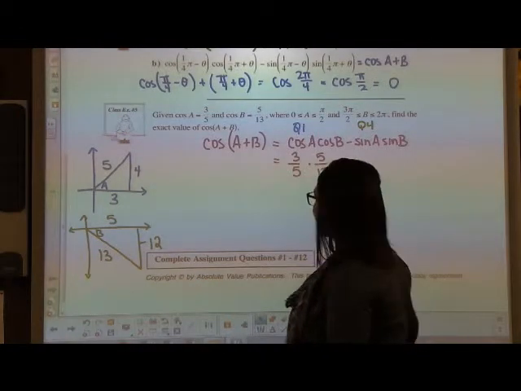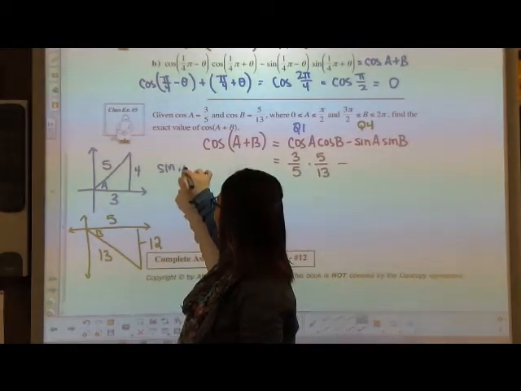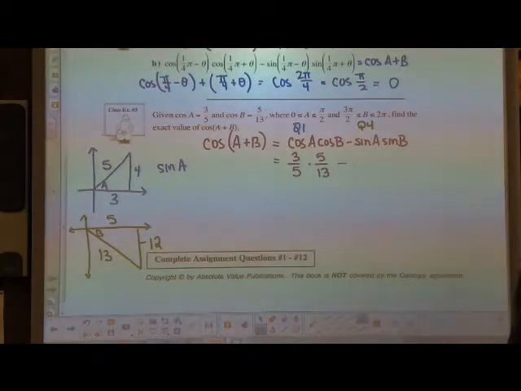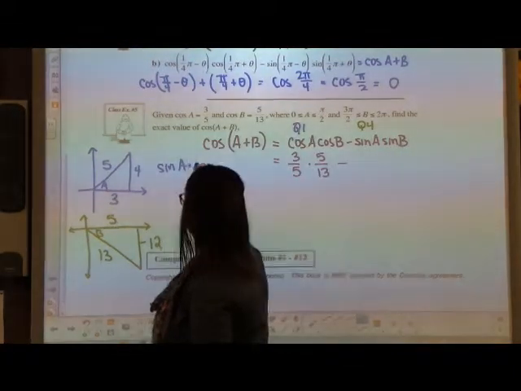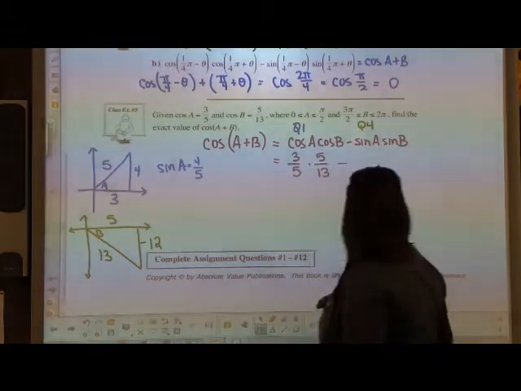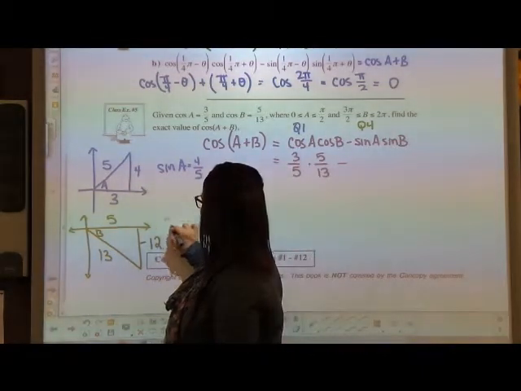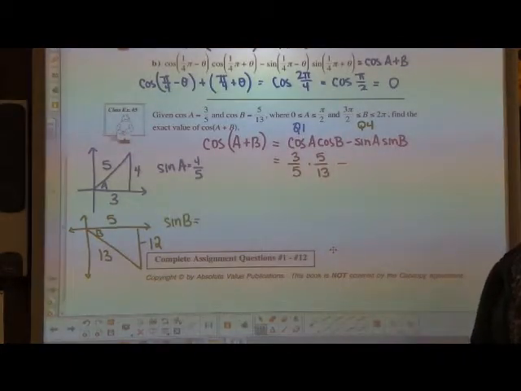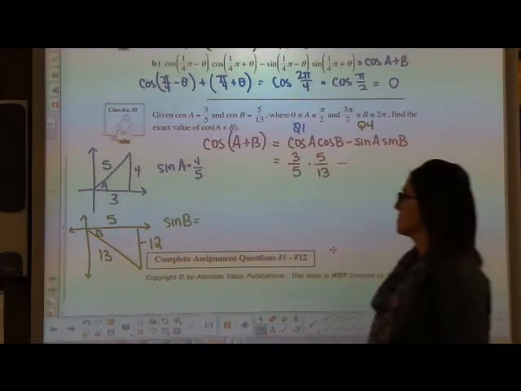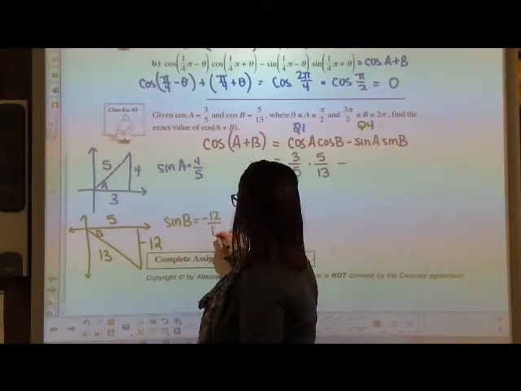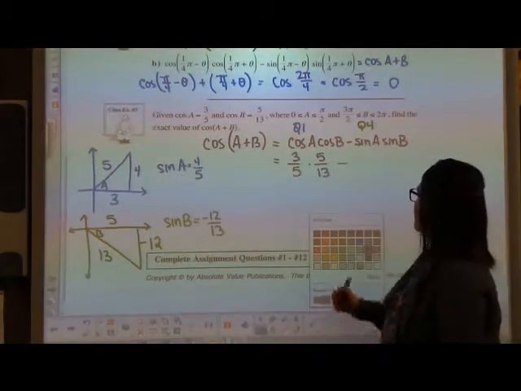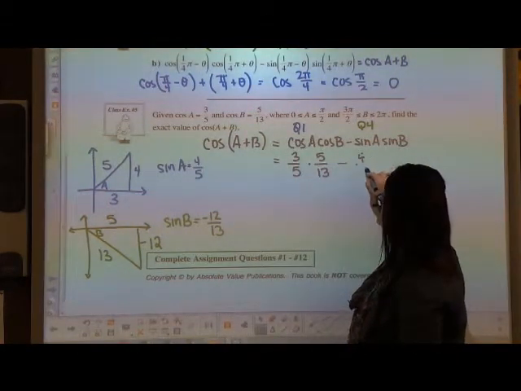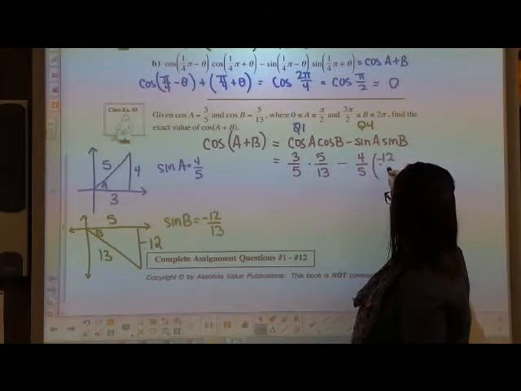So if I go back to sine A in quadrant 1, what would that equal? 4/5. And if I go to sine B in quadrant 4, what would that equal? Negative 12/13. So now I can substitute those values in. So sine A becomes 4/5, and sine B is negative 12/13.